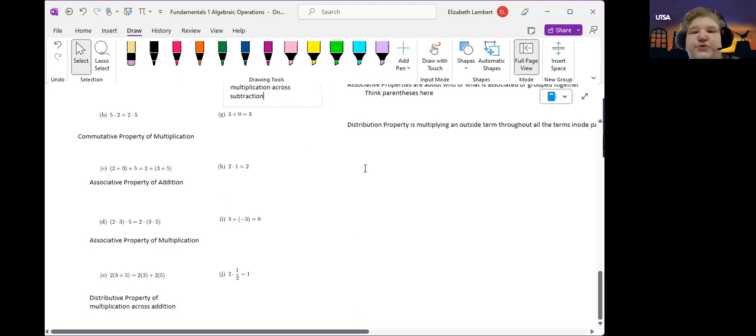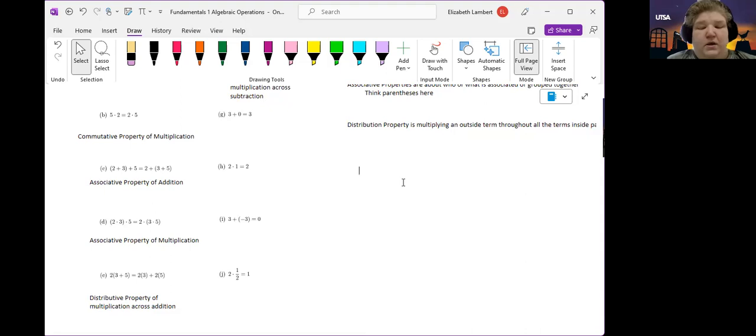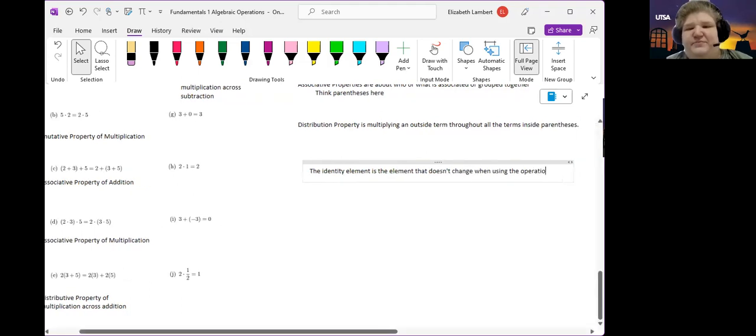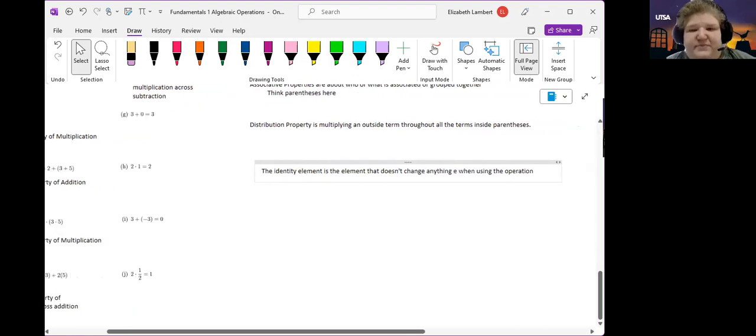So there are 2 special numbers within addition and multiplication. So the identity element is the element that doesn't change anything else when using the operation.